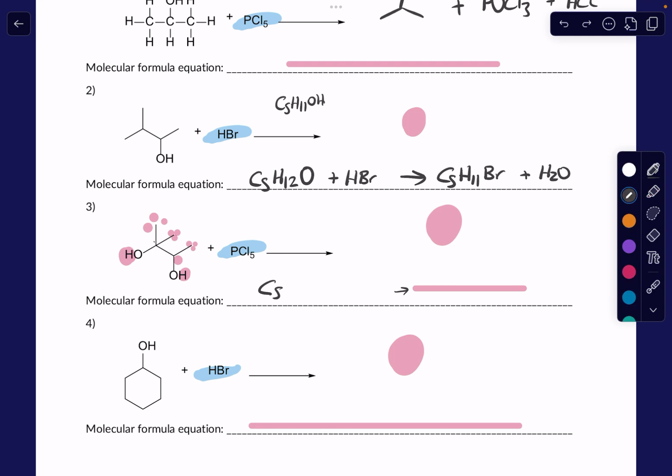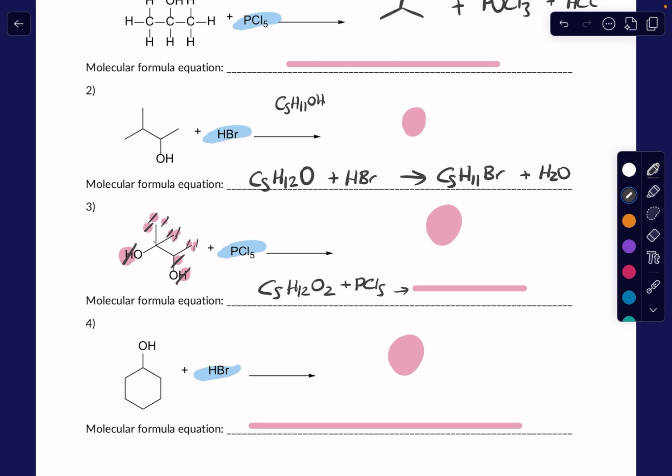So just so you can see where my counting is again, I've got 1, 2, 3, 4, 5, 6, 7, 8, 9, 10, 11, 12. C5H12. Oxygens, I've got 2, so it's going to be O2. Plus my reactant, which is PCl5.